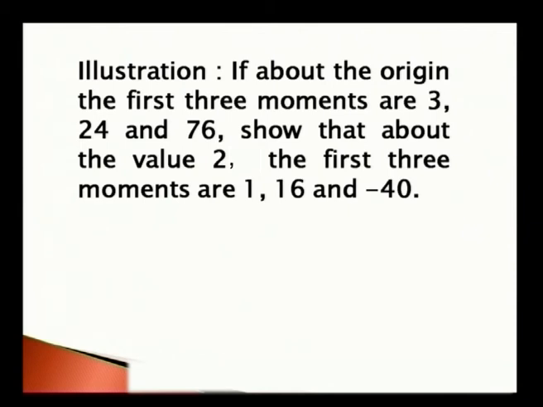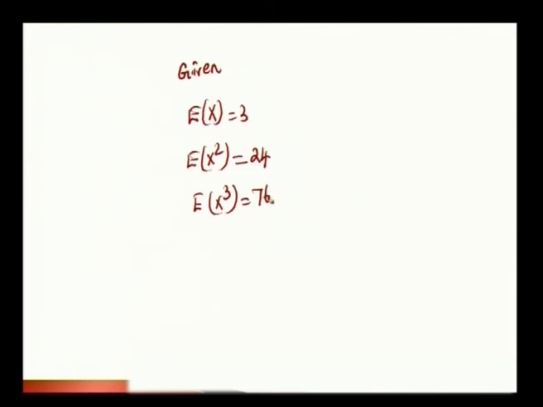So, how to deal with this? What is given? Given raw moments about origin, that is, expectation of x equal to 3, expectation of x square is 24 and expectation of x cube is equal to 76.